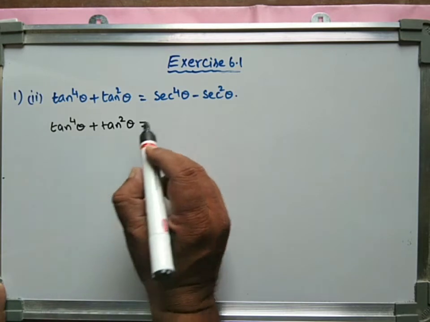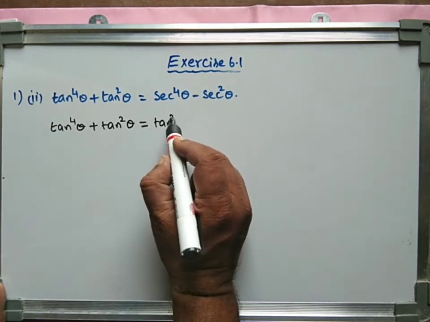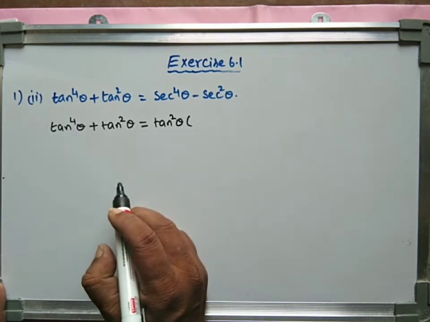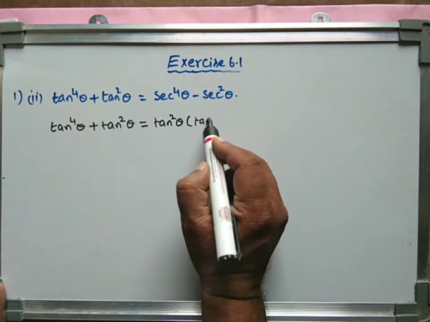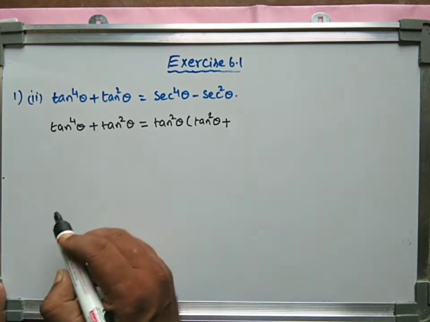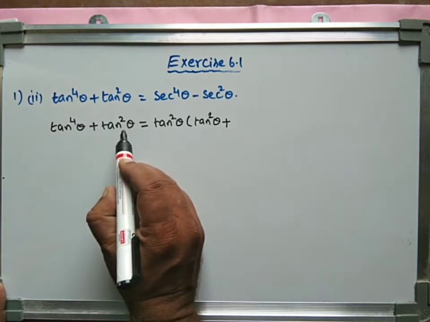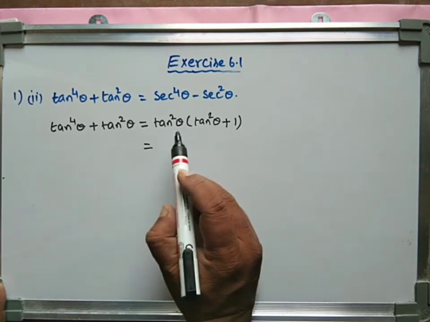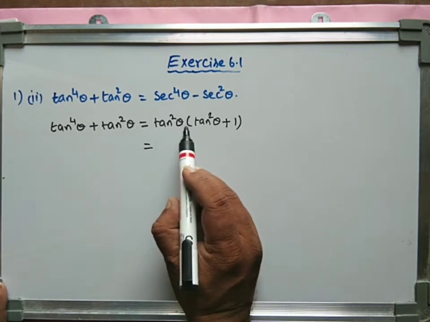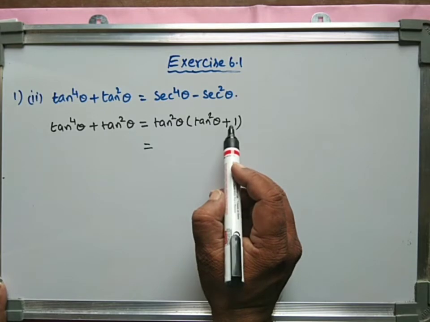Now from these two we can take tan square theta common. From tan power 4 theta if we take tan square theta we get here tan square theta and if we take tan square theta completely, here I get 1. So the problem will change as tan square theta into tan square theta plus 1.